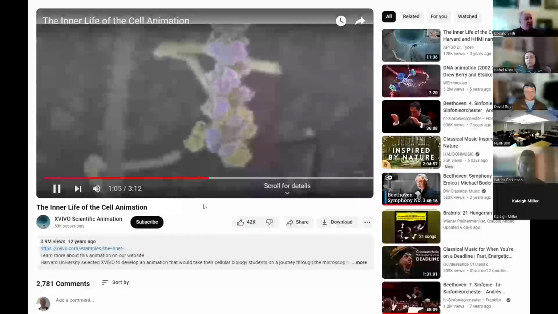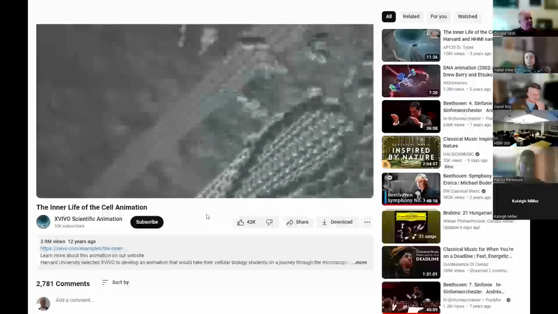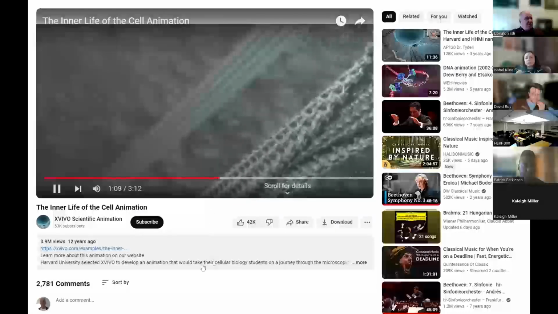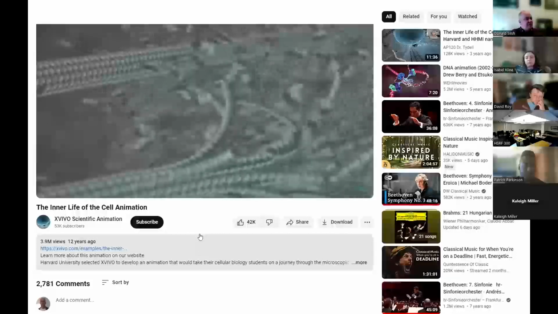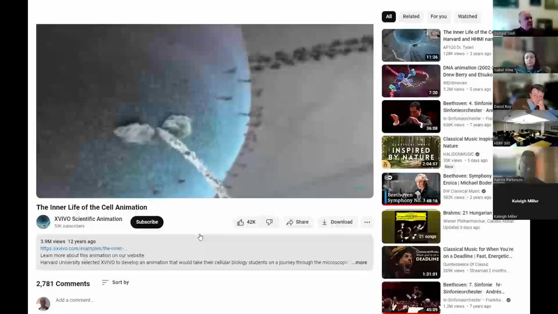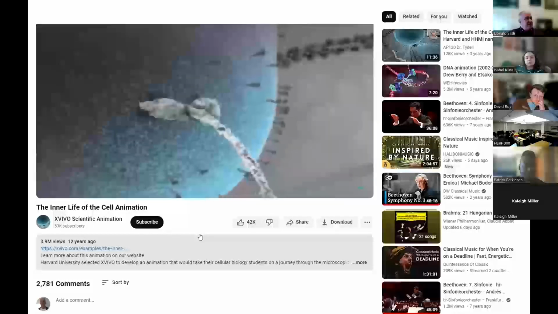That yellow is filament. Here comes gelsolin cutting a microfilament in the middle. Now this is microtubules, which we'll talk about in the next chapter, in the next lecture. And this is a molecular motor pulling a vesicle along a microtubule.